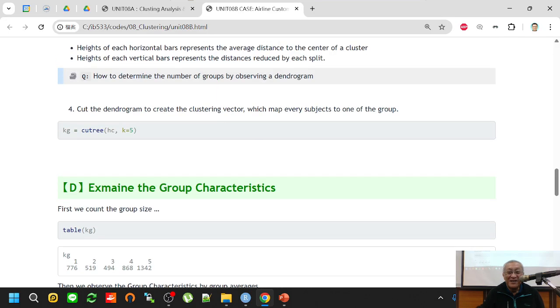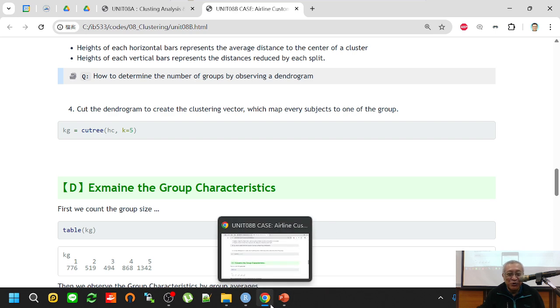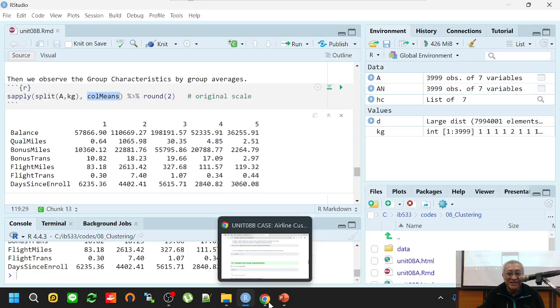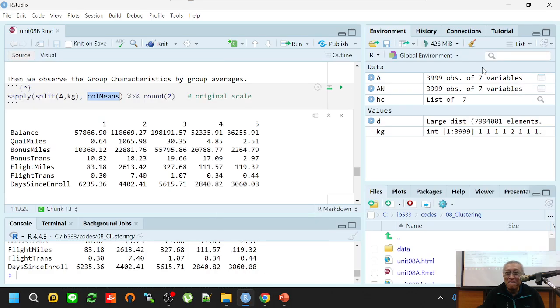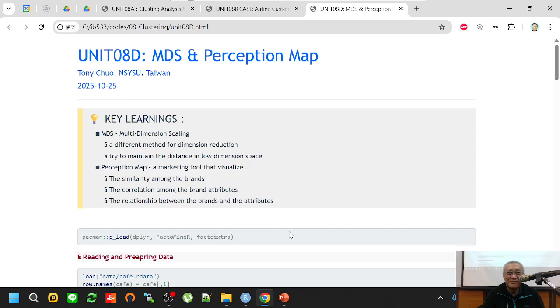Okay. And now we have only 10 minutes left, so I will show you the last notebook very quickly. Okay. So this is dimension reduction.